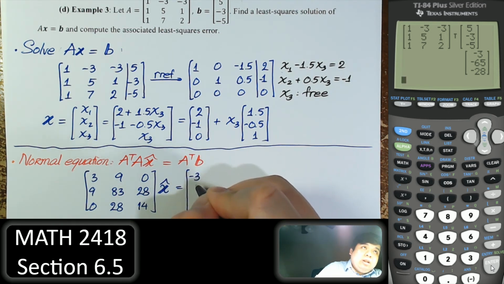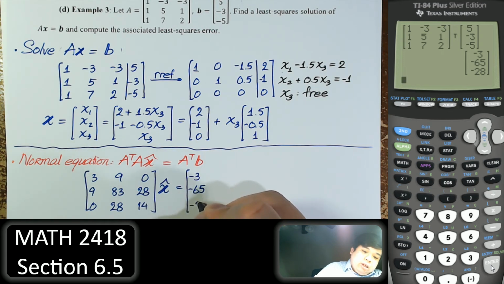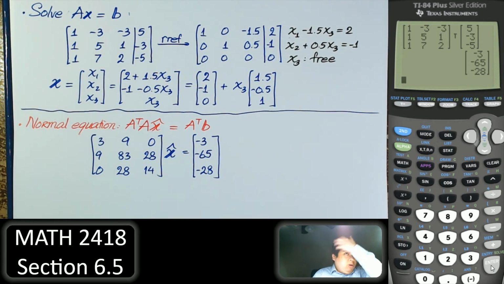So I have negative 3, negative 65, and negative 28. Let's do the reduced echelon form here.